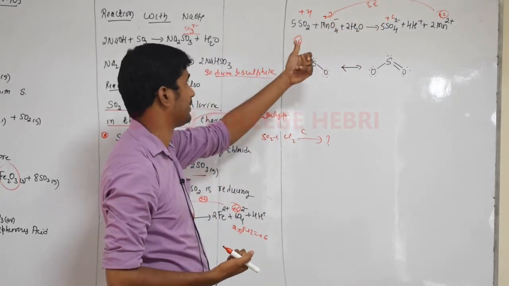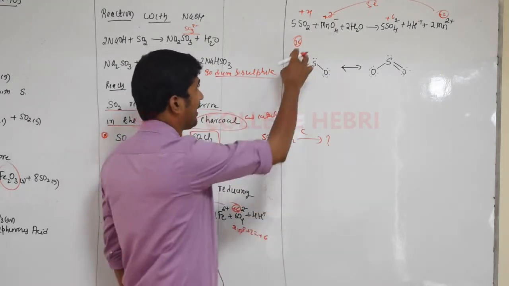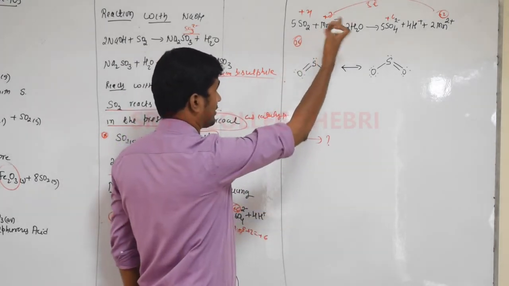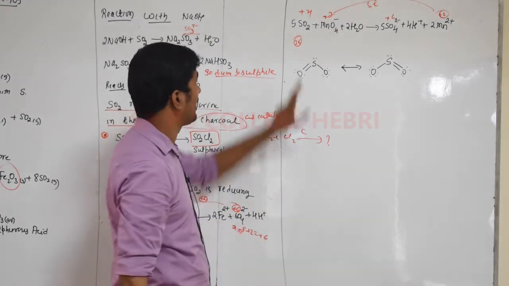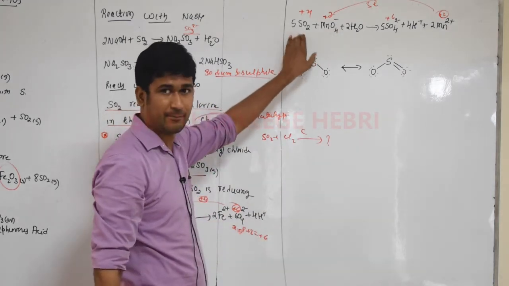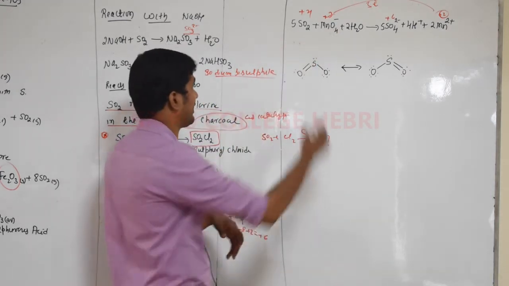You take multiples. If it gives 2 electrons, we cannot balance it directly. So what do we do? If we write 5 here, it's a trial and error method. I'll write 10 here.